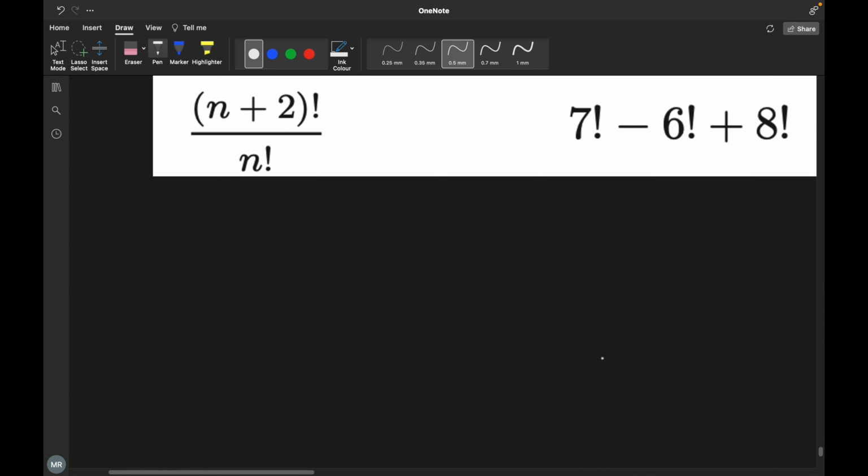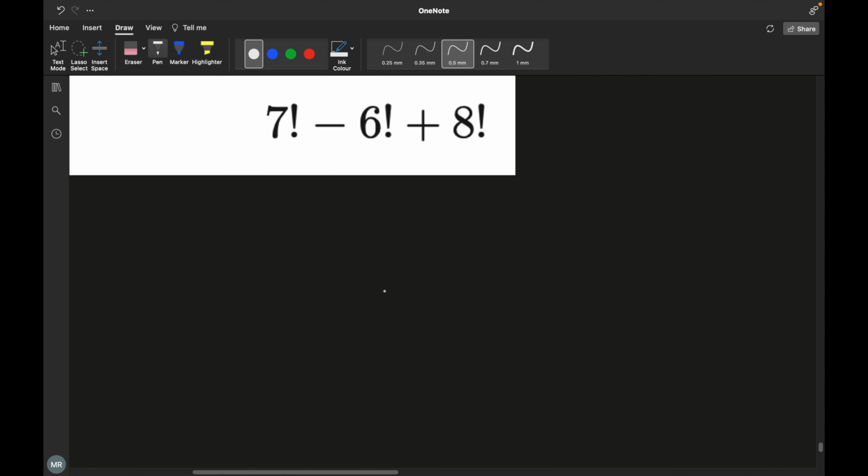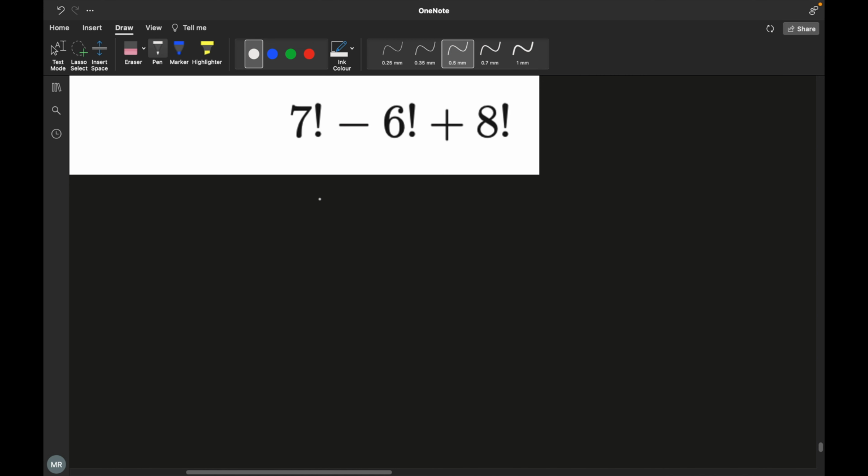And we have the last set of questions. (n plus 2) factorial can be written as (n plus 2) into (n plus 1) multiplied by n factorial, divided by n factorial. Therefore, we have n squared plus 3n plus 2. Simple, right? Now let's solve this one. The lowest is this one. So we can take 6 factorial as common. So it's going to be 6 factorial into (7 minus 1 plus 8 into 7).